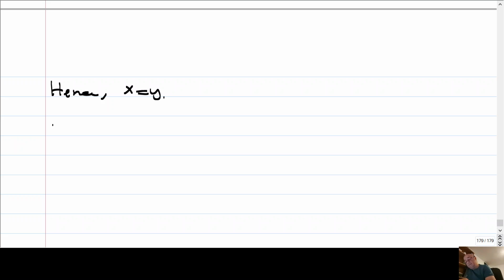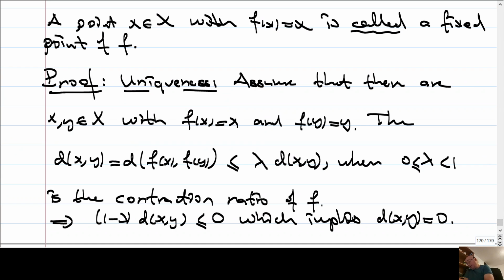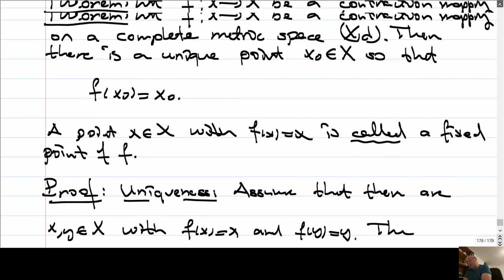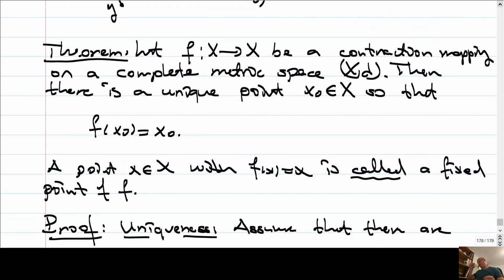Okay. Well, let's see the existence. We claim that there is a unique fixed point, right? If something is unique, if there is only one of that kind of object, then it is usually easy to find. The problem is when there are a lot of them.